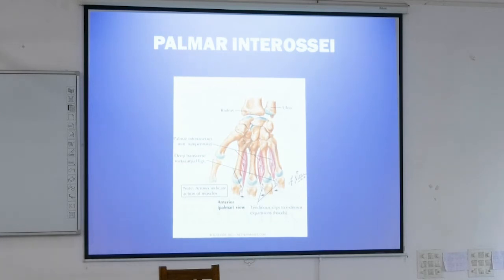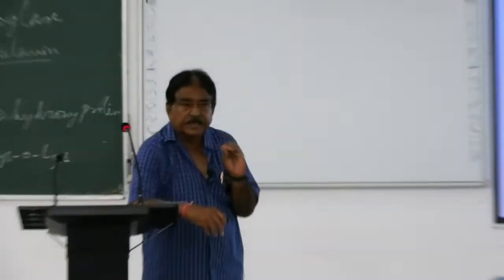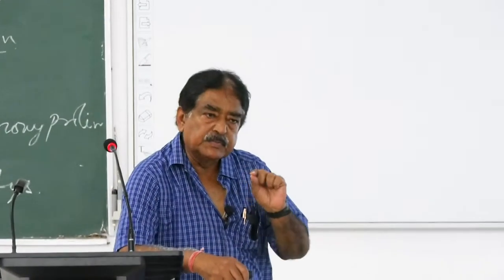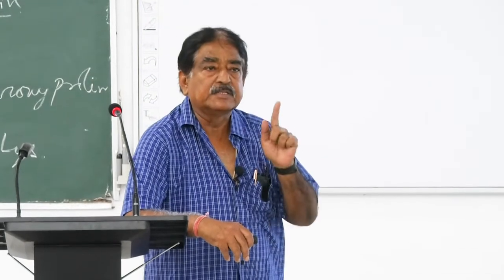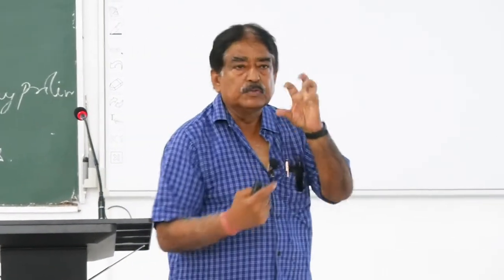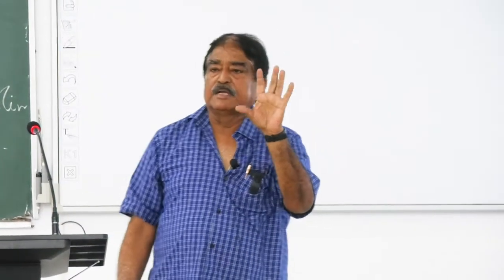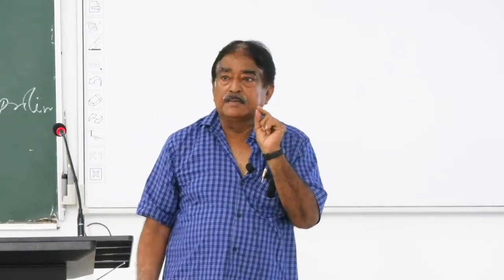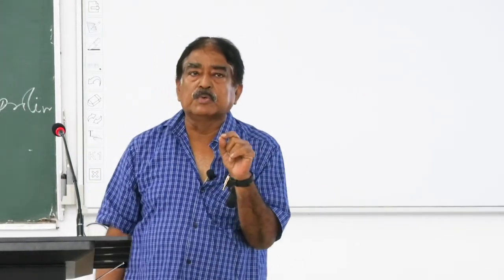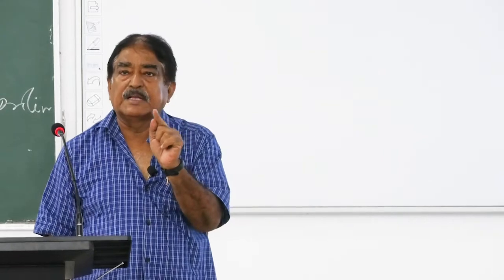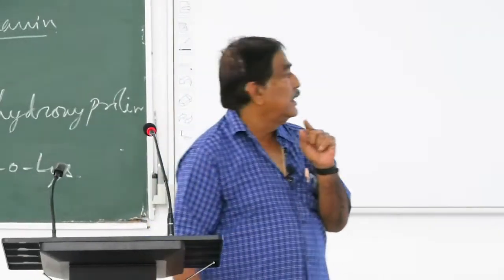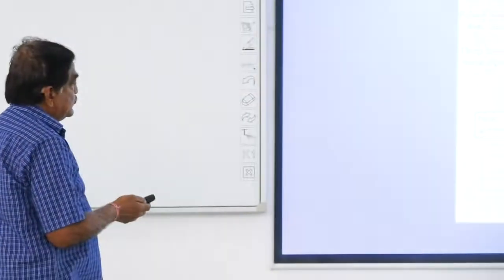If you do a very nice dissection, you can see every tendon going in to give you this flexion, extension. And the main thing is, it is crucial because of the vascular supply for each finger.